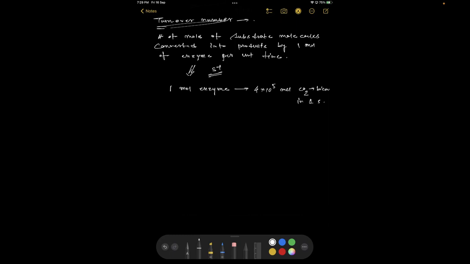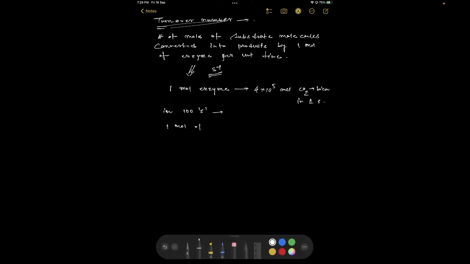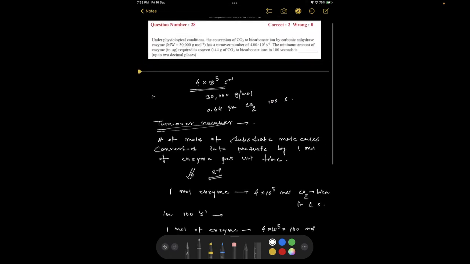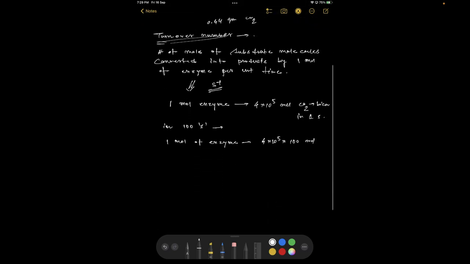So in 100 seconds, 1 mole of enzyme will convert 4 times 10 to the power 7 mole of carbon dioxide to bicarbonate. Now we have to find out the minimum amount of enzyme required to convert 0.44 gram of carbon dioxide to bicarbonate in 100 seconds.